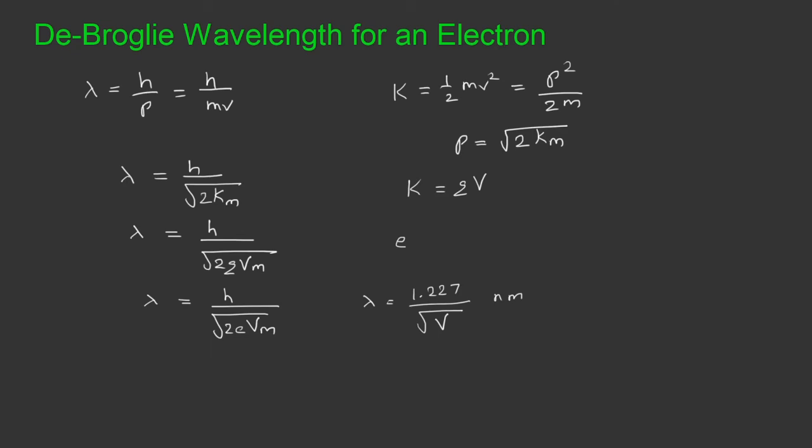Another common way of writing this equation is lambda is equal to square root of 150 divided by V Angstrom. We know 1 Angstrom is equal to 10 raised to minus 10 meter.